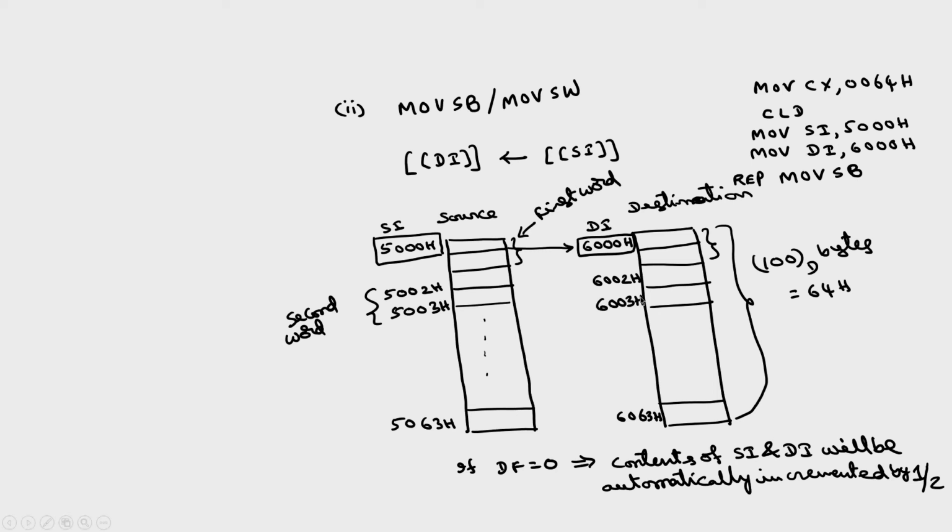So automatically the contents of SI and DI will be incremented by 2 if the direction flag is 0. If the direction flag is set, then they will be decremented by 2. So the direction will be from top to bottom, whereas now it is bottom to top. This is the only difference. So we have move string byte as well as move string word.